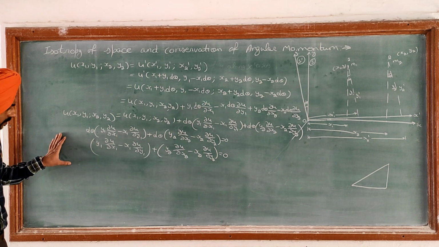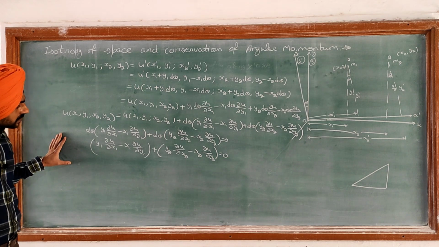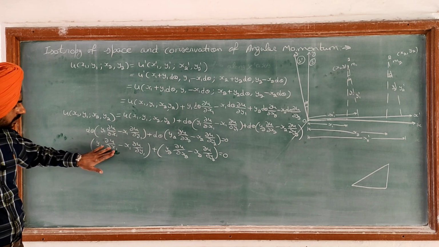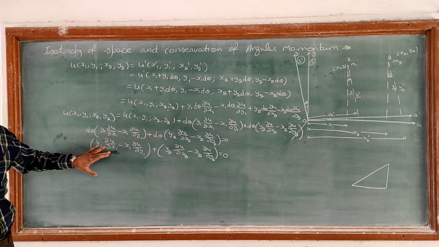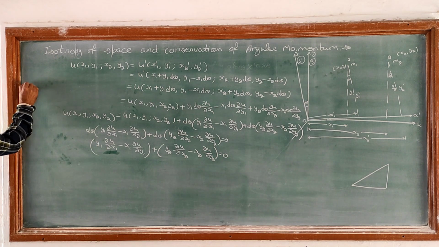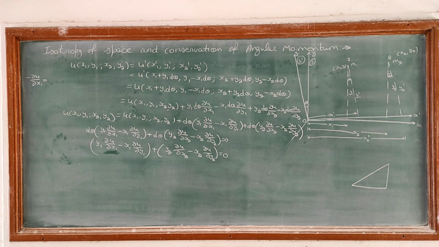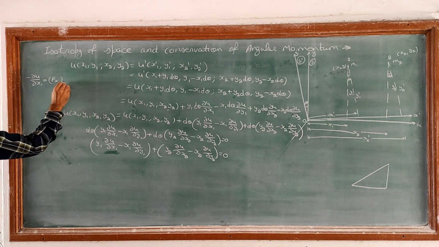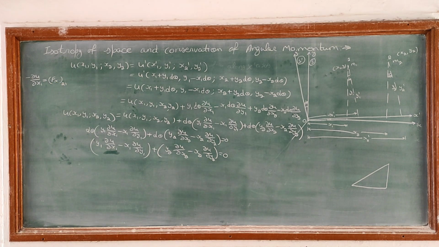Now, as we discussed in our previous lecture, force is the negative gradient of some scalar function. So curl U upon curl x can be replaced with the help of an expression containing the term force. Minus curl U upon curl x1 is the force F x21, the x component of force on particle 1 due to 2.